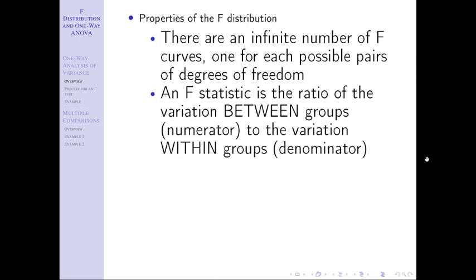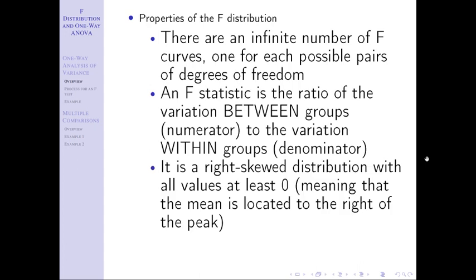It's the ratio of variation between groups to within groups. The between group variation is in the numerator. The within group variation is the denominator. So that kind of helps explain a little bit why we have 2 degrees of freedom for every F. We have the numerator one and the denominator one because we have the one that references what's happening between the groups and one that references what's happening within the groups.